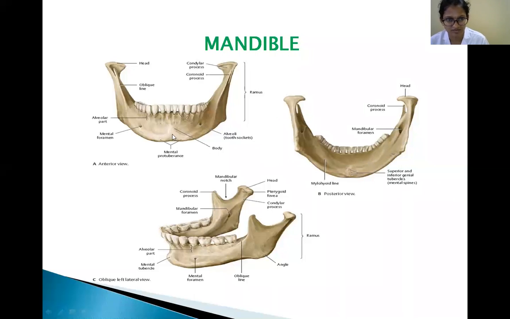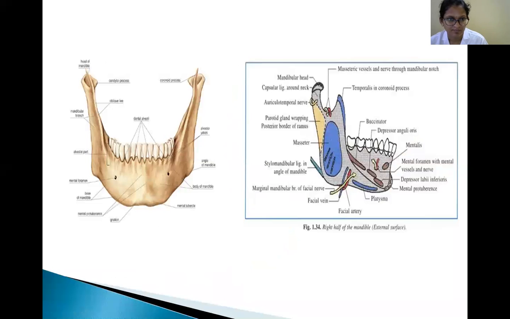Coming to the outer surface. See, this is the outer surface of the mandible. It consists of two halves in the fetal life. These two halves of the body of the mandible fuse in the midline.